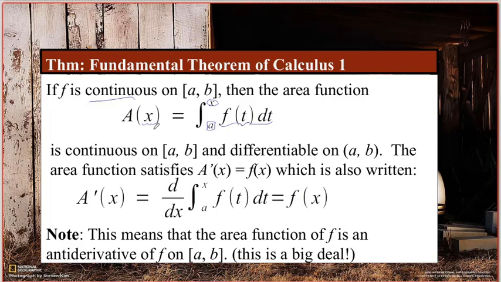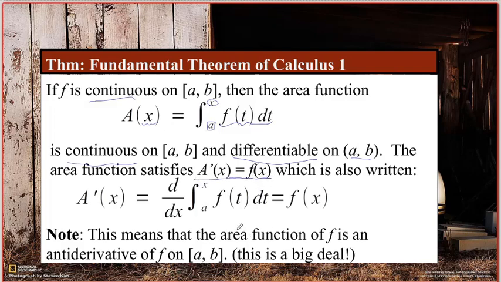So, if f is continuous, then the area function is continuous on that same interval, and it's differentiable on the open interval, a to b. And what we get is that the area function satisfies A prime of x equals our function. And that is a big deal.